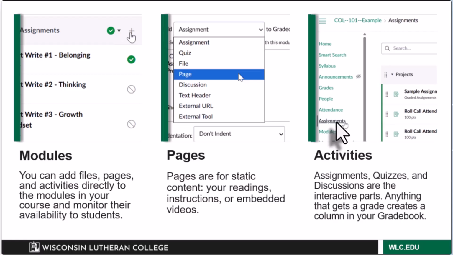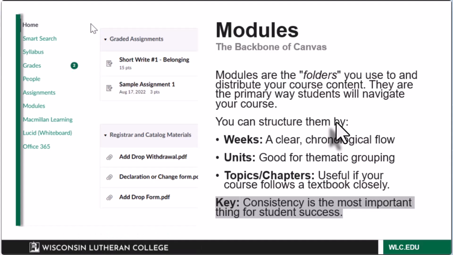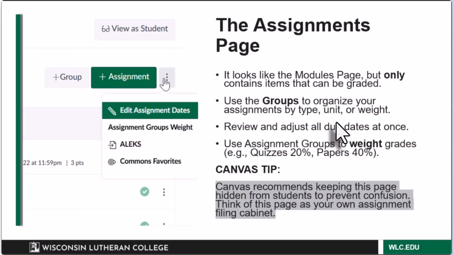If you are doing your modules by weeks, you might want to be organizing the way that you grade in a different way. And that is really where the assignments page comes in. You can create groups for your assignments. You might group them by type, like quiz, test, essay, homework, etc. Or you can group them in any way that you want in order to create group weights.